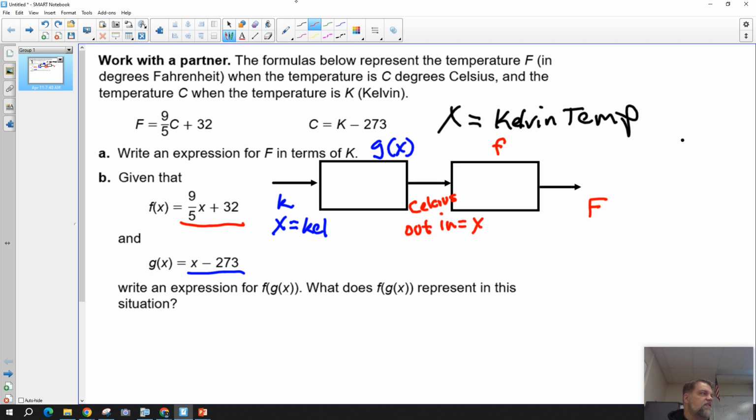Technically, it's g of x, if we want to think of it that way. So this x value is actually g evaluated at x. So my input is the output of g of x, okay?